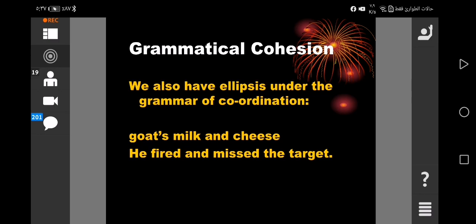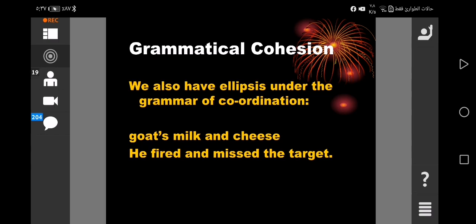He fired and missed the target. He fired and he missed the target. Exactly.